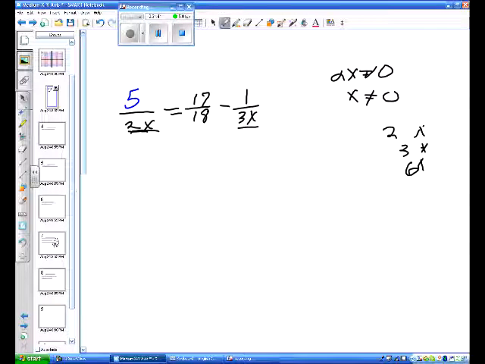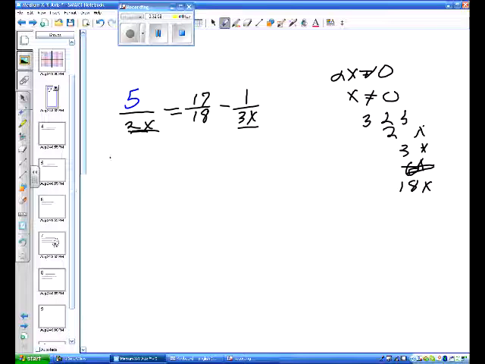And a lot of times you will make mistakes, and there's ways of catching them as you go ahead. So the 18 is 3 times 2 times 3. So when we put these together and do our multiplication, we have a 3 times a 2 times a 3 times x, which will give us 18x.